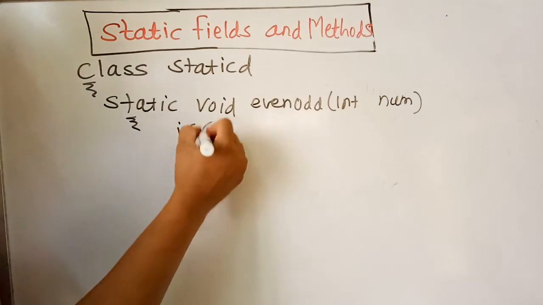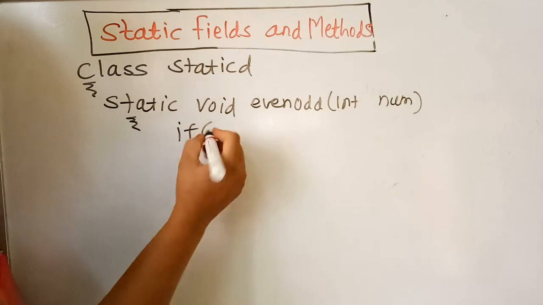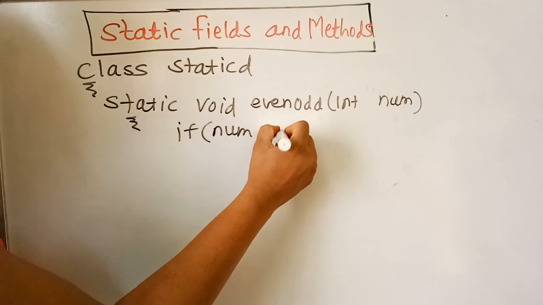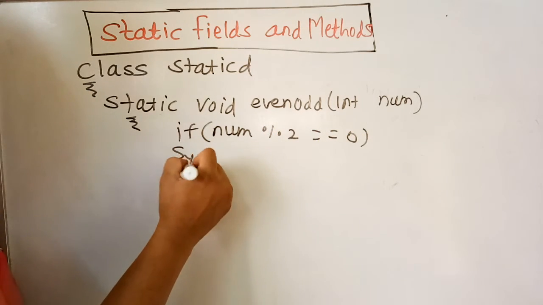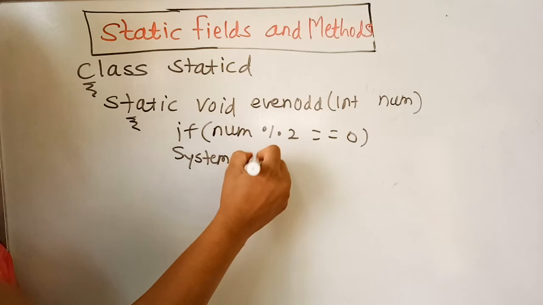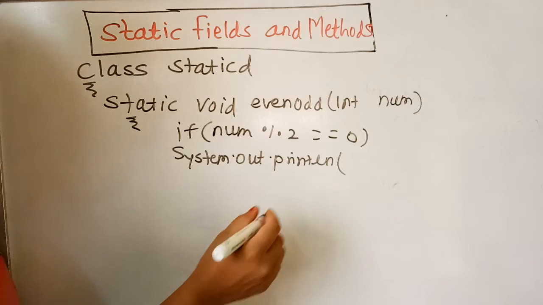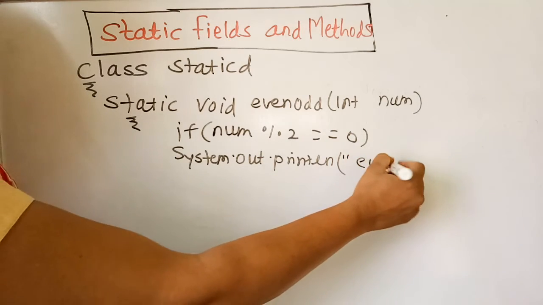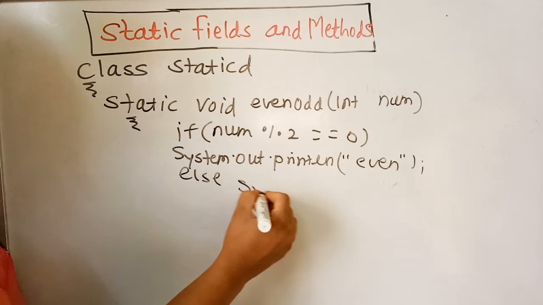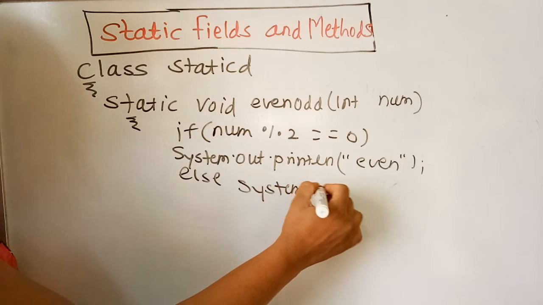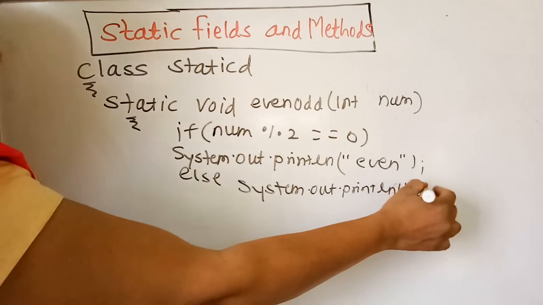In this, we are checking whether the number is even or odd. If number mod 2 is equal to 0, then we print System.out.println even. Otherwise, we print odd.